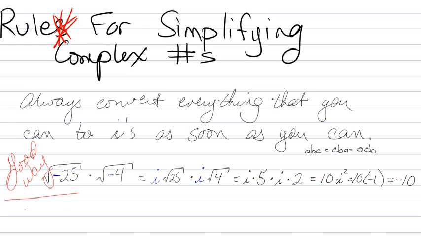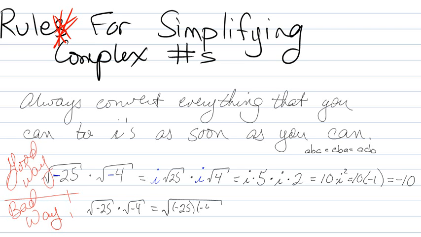Now, we're going to look at the bad way. Are you scared? You should be, because this is something that drives me nuts, because this is what I always want to do. I always want to say, check it out, I'm super awesome at algebra. I can say the square root of negative 25 times negative 4 is the same thing as the square root of negative 25 times negative 4.